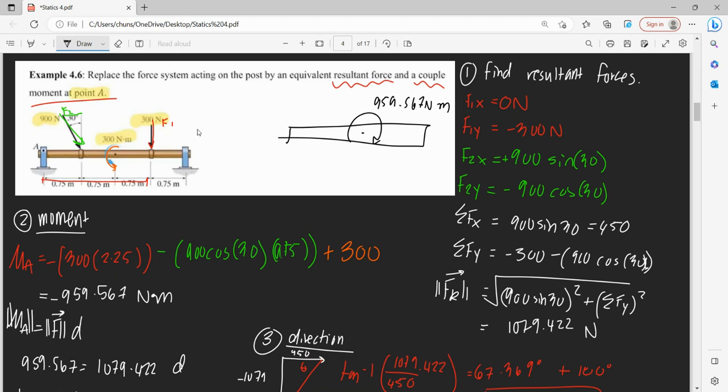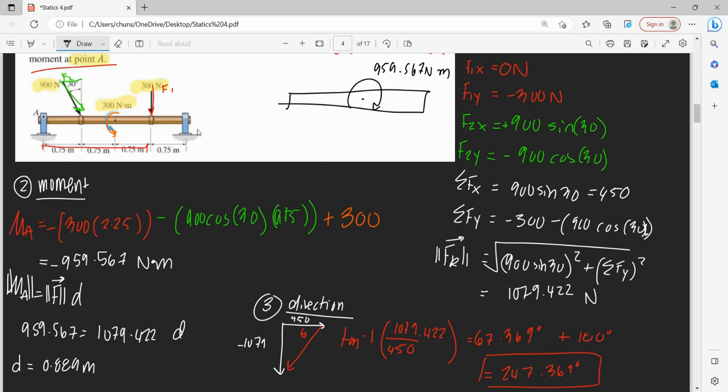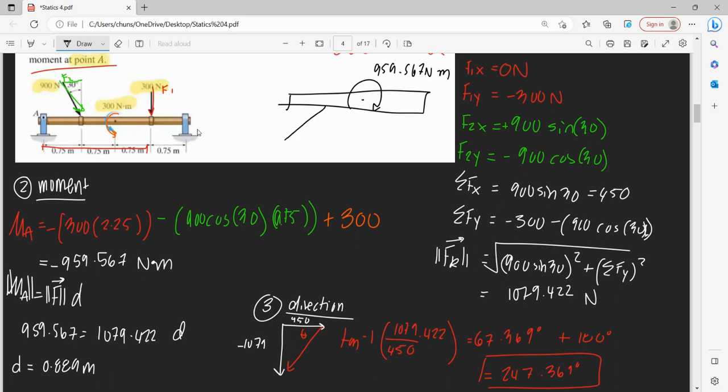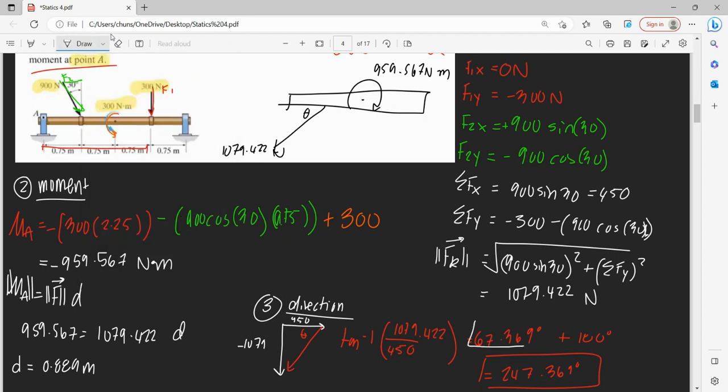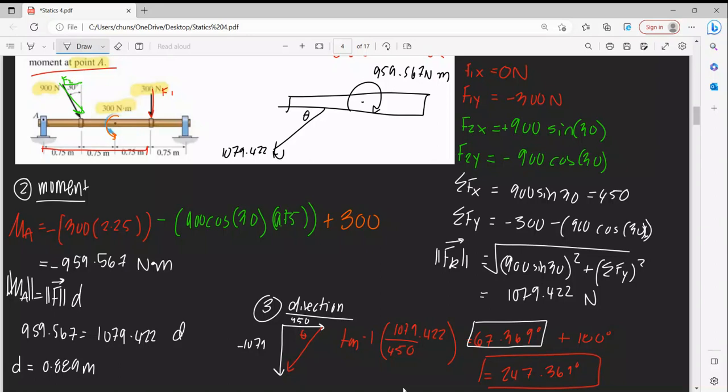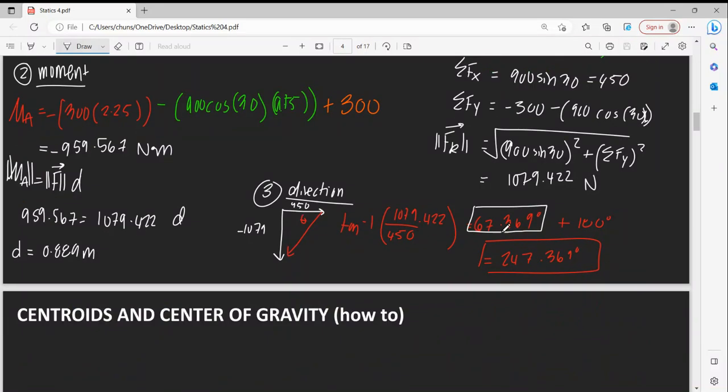And then our resultant, we found to be 0.89 meters, directed this way, and this is 1079.422 newtons. And this is our angle here. We can just use 67 in this case if we want our direction. But if we were to measure it from our beam, that would be the full 247 degrees. Okay, so that is that question done.